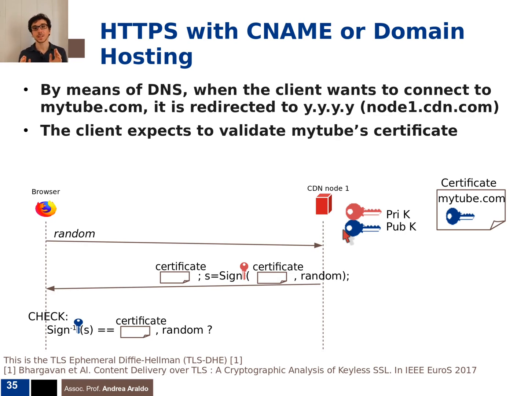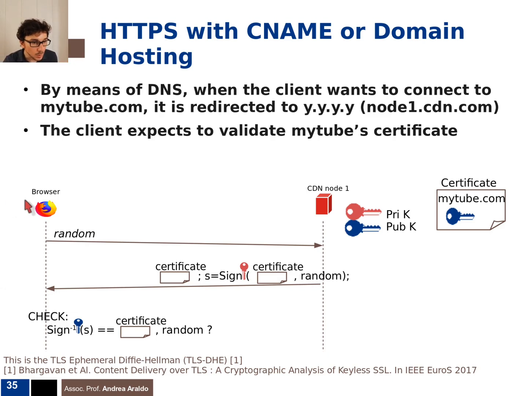Things get more complicated with the other two redirection mechanisms we've seen, that are CNAME and domain hosting. Indeed, with CNAME, what you do is that the DNS replies to the browser with the IP address of a CDN node.